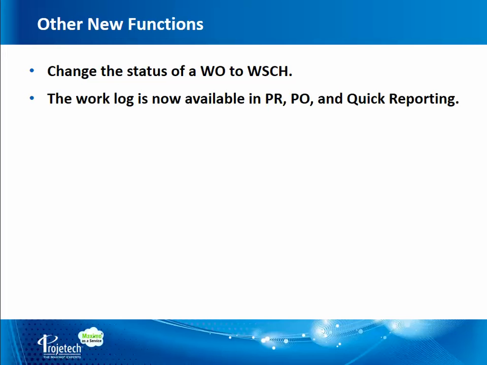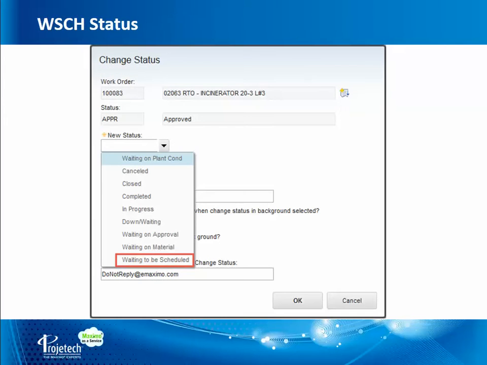Okay? And the work log, actually it's just called the log, is now also available in purchase requests, purchase orders, and quick reporting. So you had a work log inside the work order application, and you could input information in there. Now you can do it with the other ones. So this is just a screenshot of you now being able to select waiting to be scheduled on your change status.